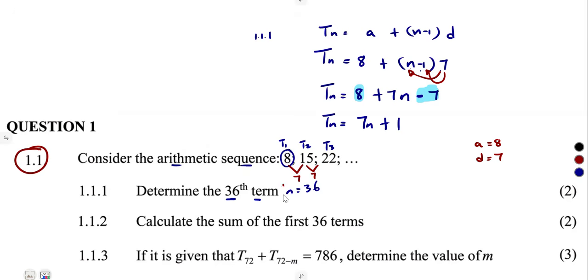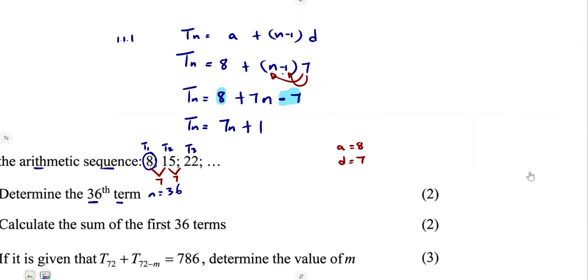So therefore, if we are given our n as 36, we can determine T36. From this information, T36 is equal to what? In place of n, just put 36. So that's 7 times 36 plus 1.